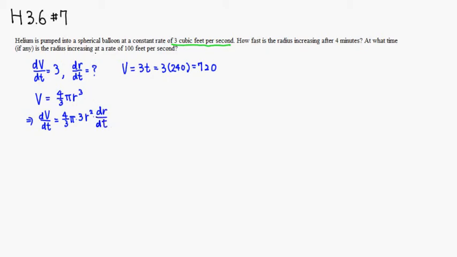Let's clean it up. There's a 3 on top and a 3 on the bottom, so we can divide through by 4 pi r squared. Switching sides, dr over dt is equal to dV over dt, which is actually 3, divided by 4 pi r squared.